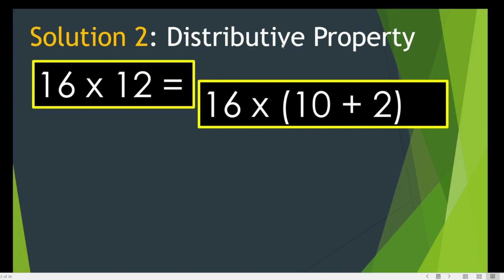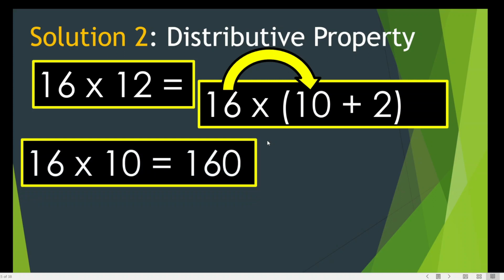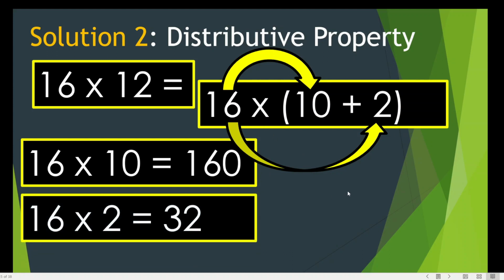From the word distributive, we're going to distribute the number at the outer part of the parentheses. 16 times 10, we will get 160, and then we multiply the second number inside the parentheses, which is 2. 16 times 2, we will get 32.